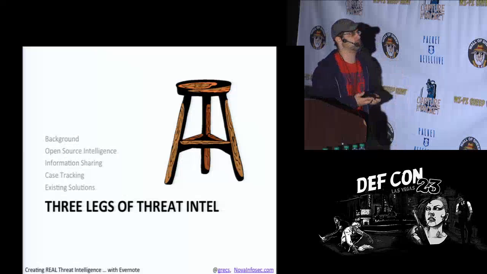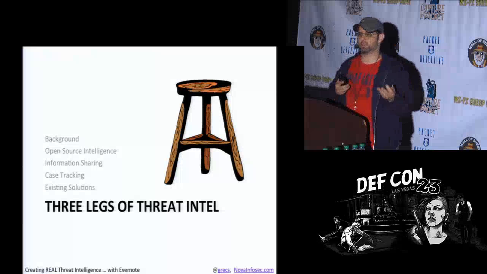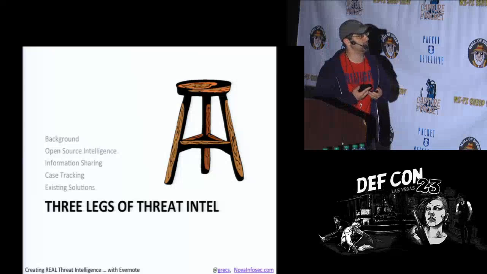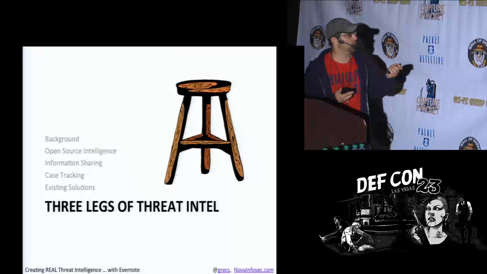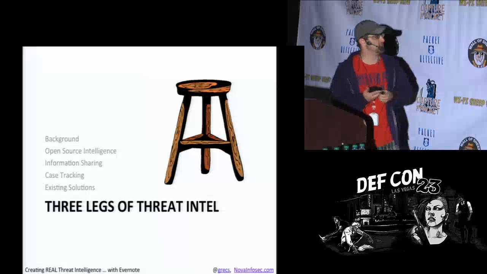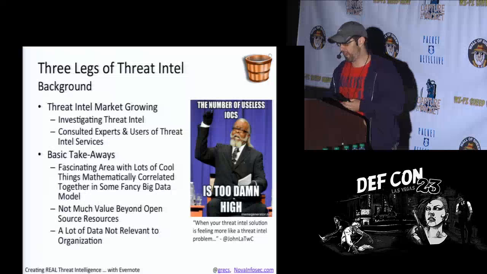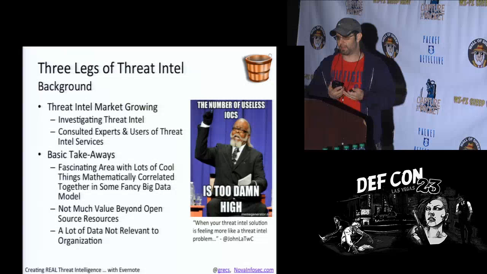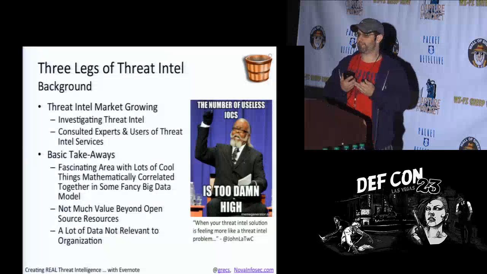So the next part that I wanted to talk to in terms of building this story is the 3 legs of threat intel. I'm mostly focusing on open source, but also information sharing and case tracking. I know there's a lot of value there.